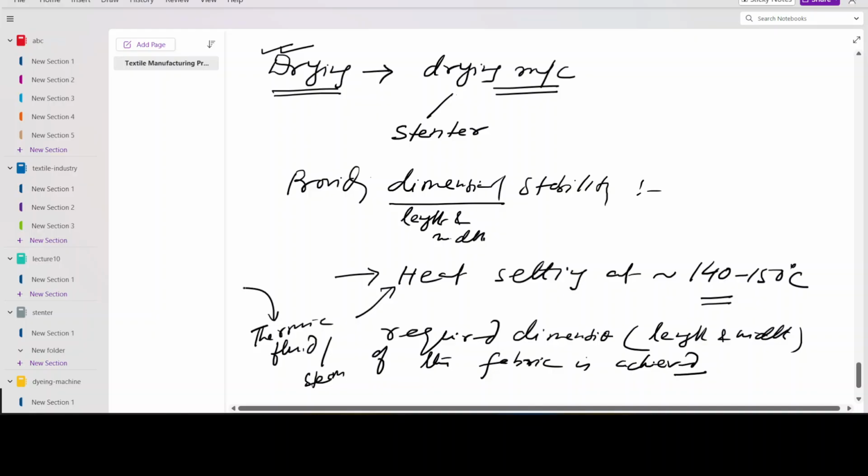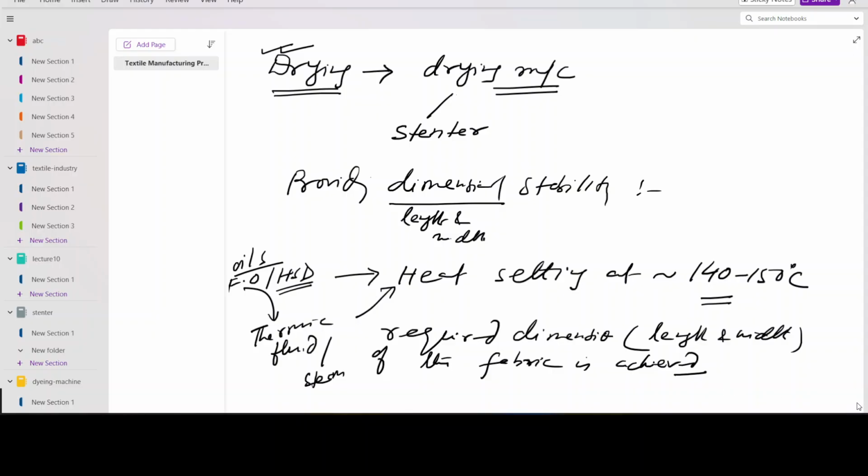We will learn about thermic fluid also in performance assessment of energy utilities in the textile industry. Thermic fluids are oils like furnace oil, high speed diesel, etc.